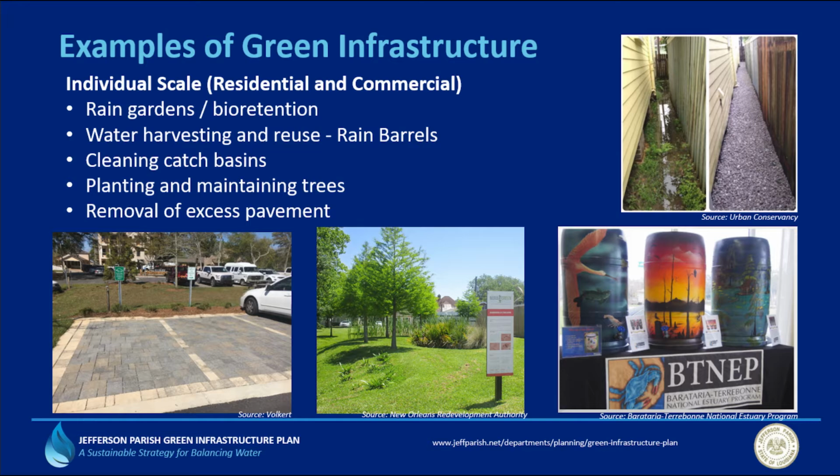Individuals at their homes and businesses can implement some of the following technologies, including but not limited to rain gardens, which is a bioretention measure, water harvesting and reuse, such as rain barrels, cleaning catch basins to get the water to the pumps, planting and maintaining trees, and also removal of excess pavement.